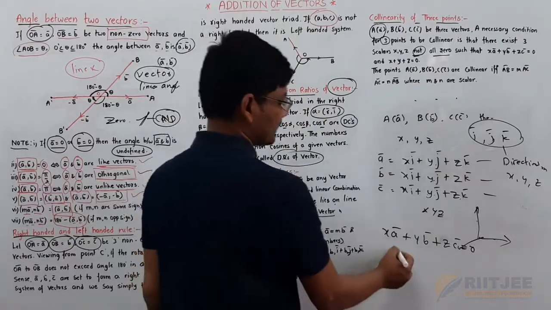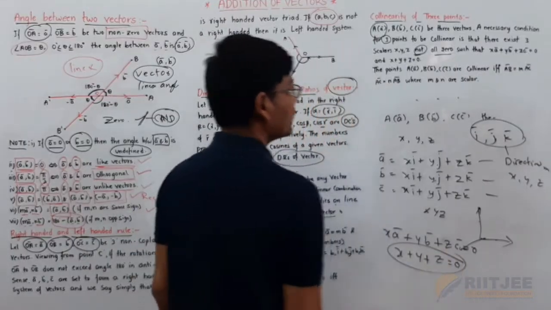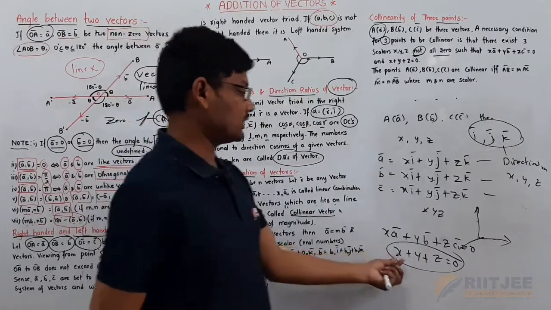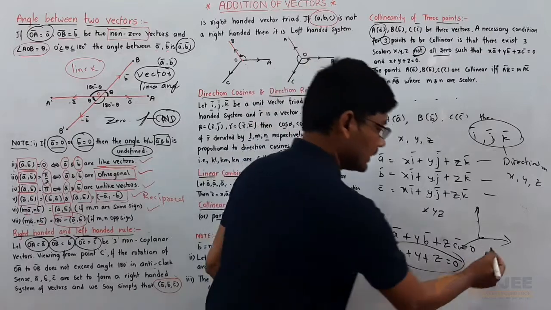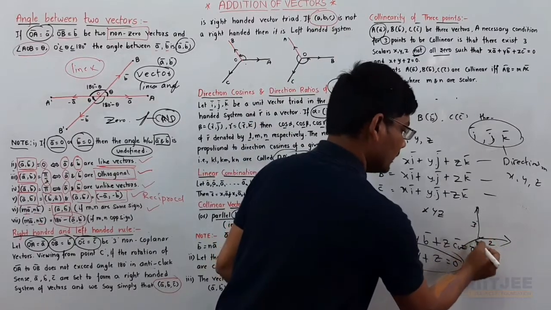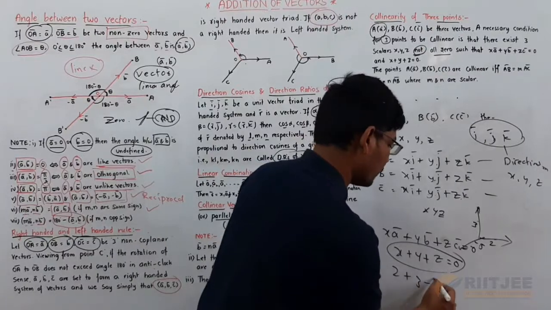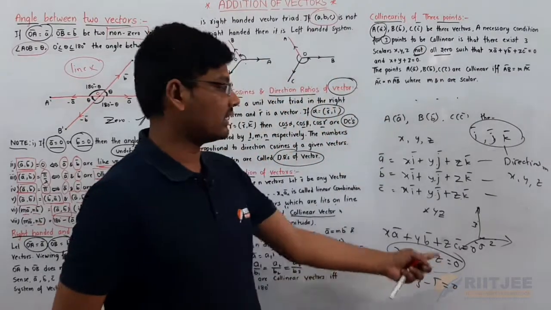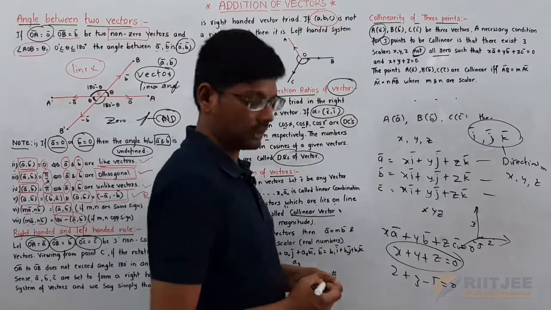That is nothing but the sum x plus y plus z is equal to 0. This is the condition. For example, if the values are 2, 3, minus 5, then 2 plus 3 minus 5 is equal to 0. If the condition is satisfied, then the collinearity of 3 points is satisfied.